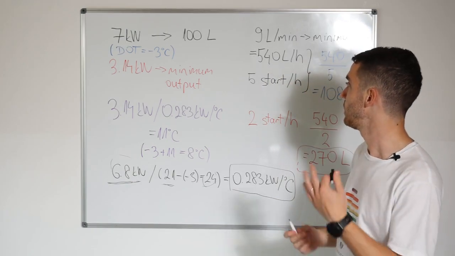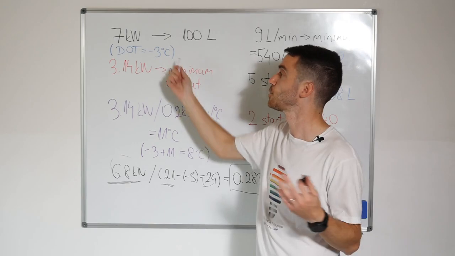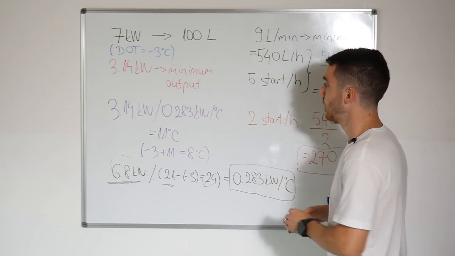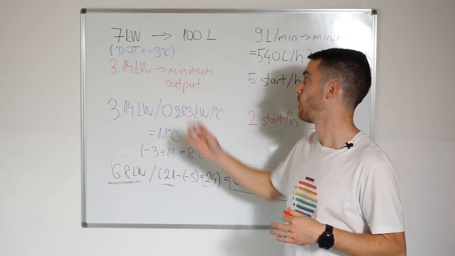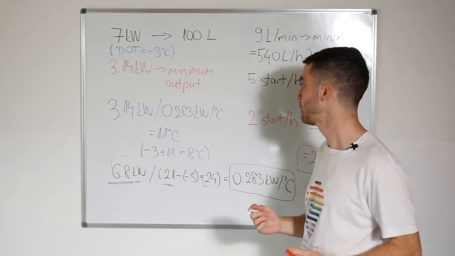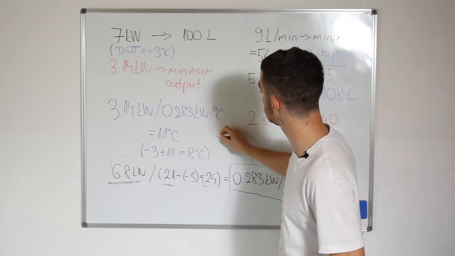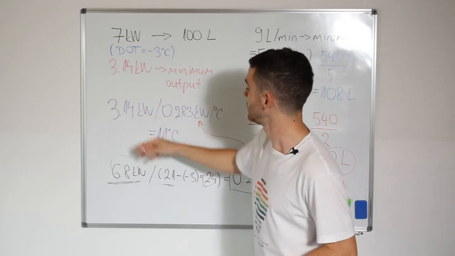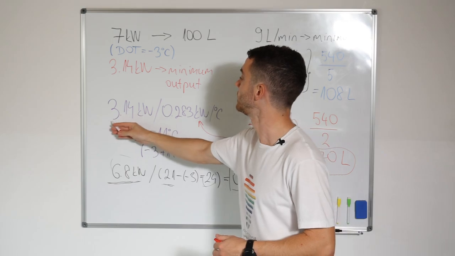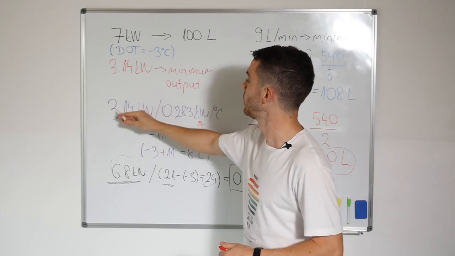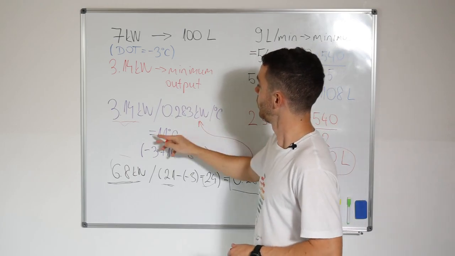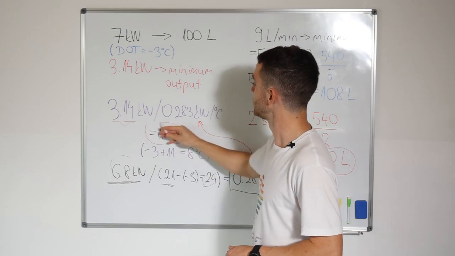Now, we have the outdoor design temperature of -3. If we want to see what happens with our minimum output, so at what outdoor temperature the unit will stop modulating, we use the same formula, but not with 6.8, now with 3.14. If we divide 3.14 by 0.283, we have 11 degrees Celsius.